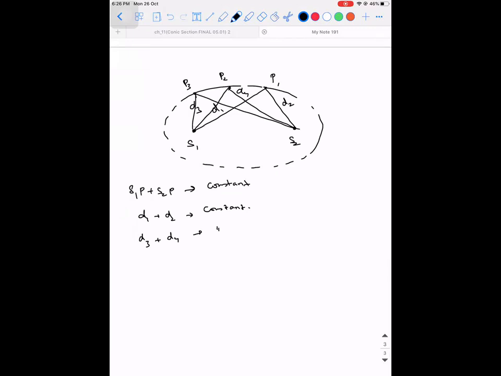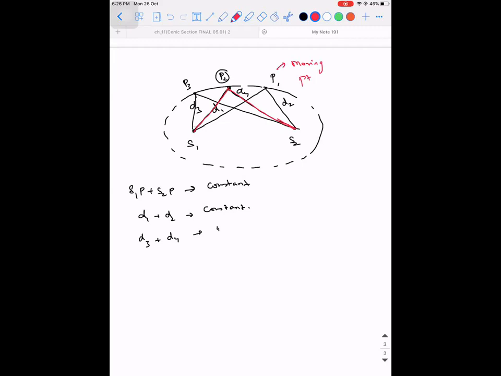So I have a doubt, sir. Yeah, tell me. Isn't it only D1 plus D3 plus D2 plus D4 that is a constant? No, no, no. From the point P2, how many lines are going? I'll use red color. See, this is S1P2 and this is S2P2. For that point, it is the sum of two lines. Yes, this is a moving point. This is not a fixed point.